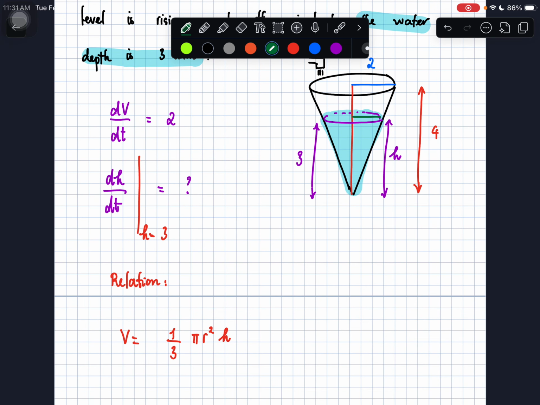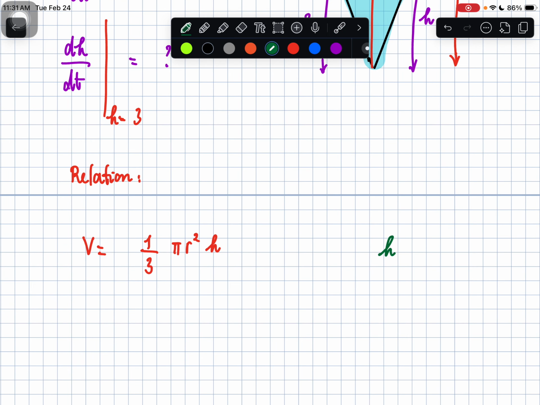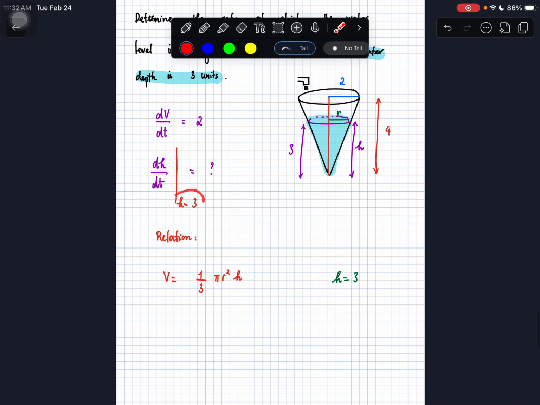For example, here I have this radius r. When the water is pumped until here, the radius is small, and then it gets bigger and bigger. The radius is bigger, the volume is bigger here. So at the time h equals 3, we can know what the radius is.